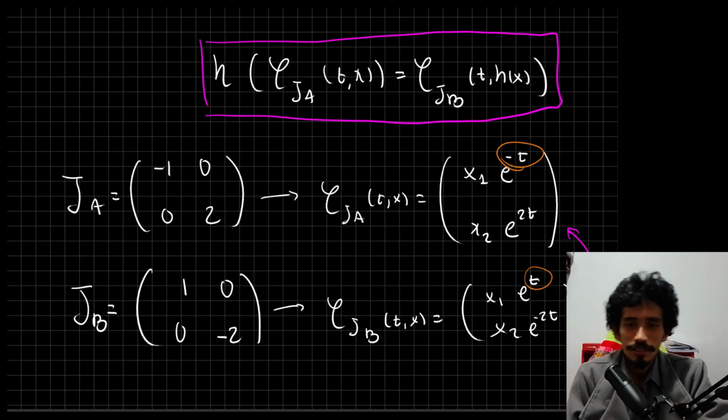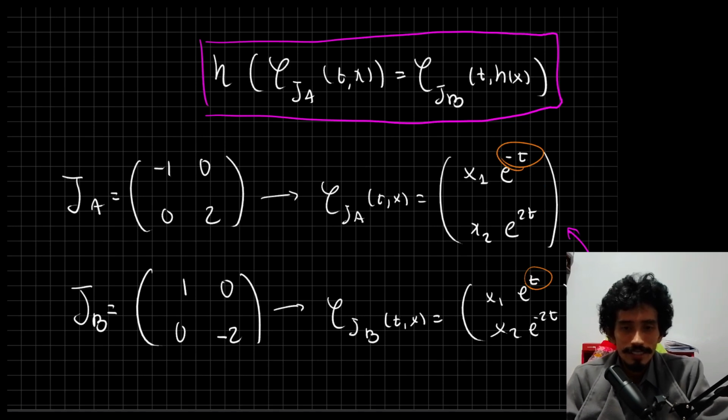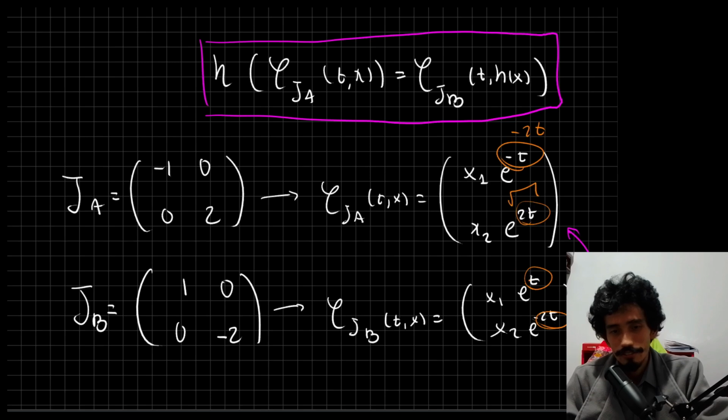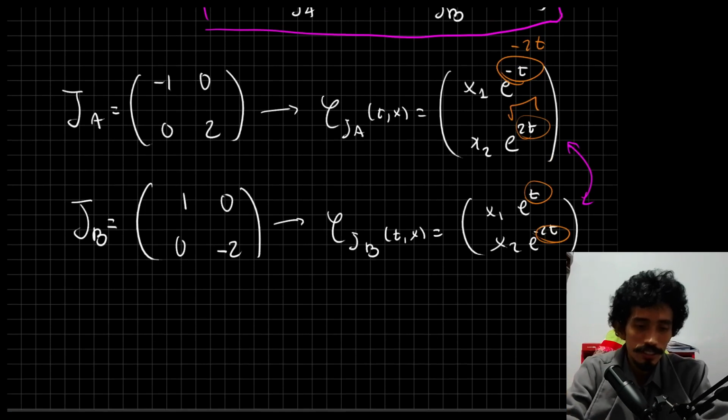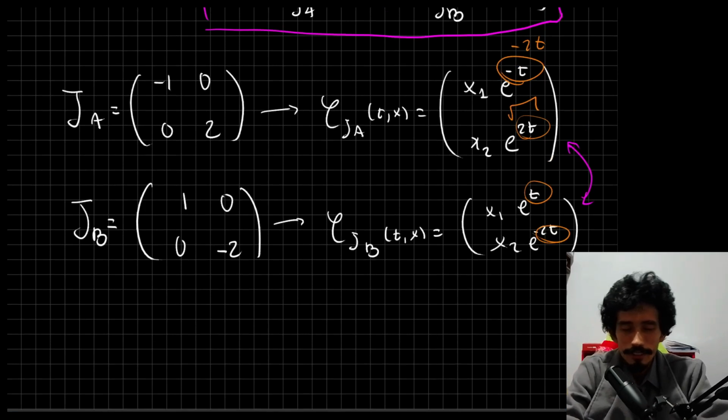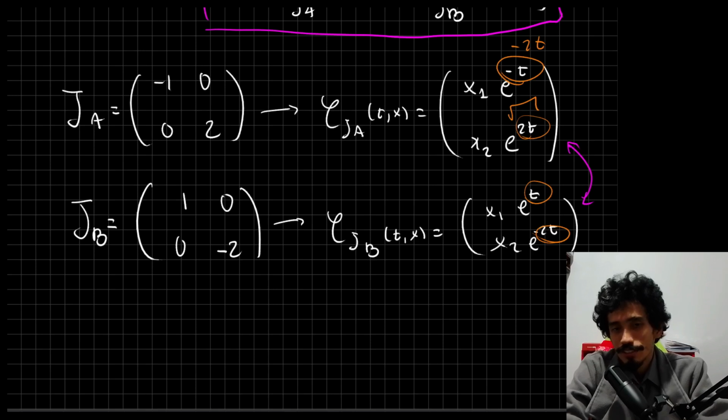But what you can do is actually, you have a minus t here, so you can square the thing and you will have a minus 2t, which is here. And in the other case, you have 2 times t, you can take the root of that and you will have t. So this is what we will do. But the thing that you need to be mindful of is that this needs to be a bijection.